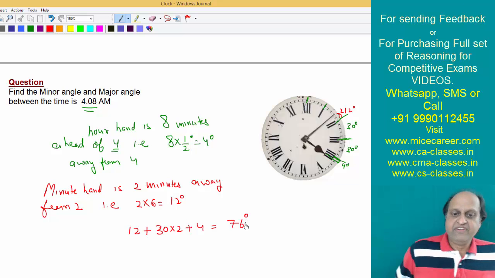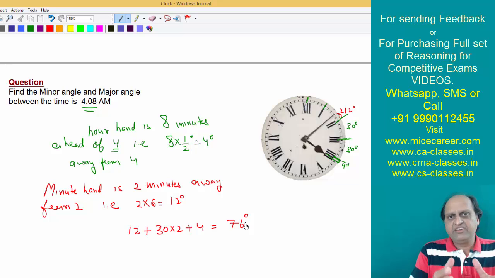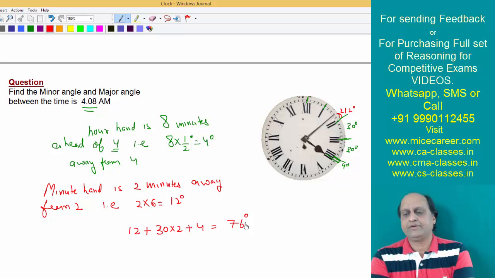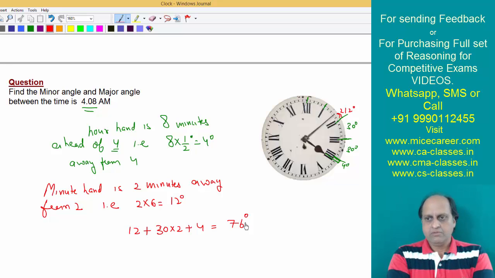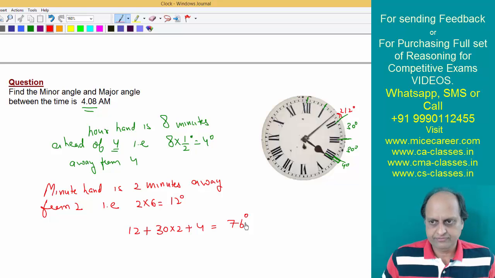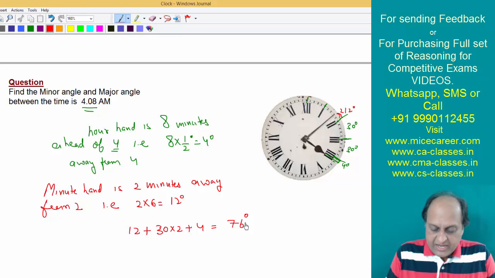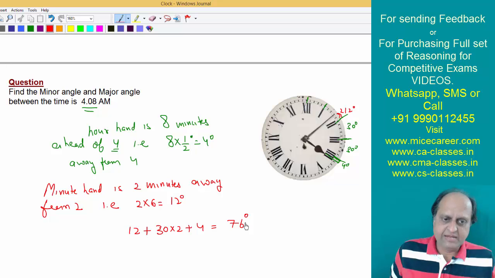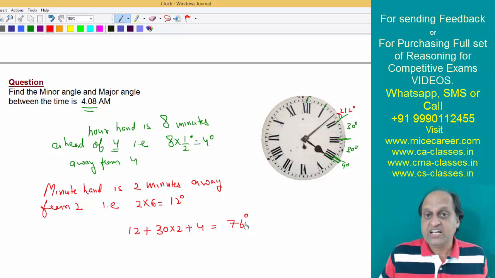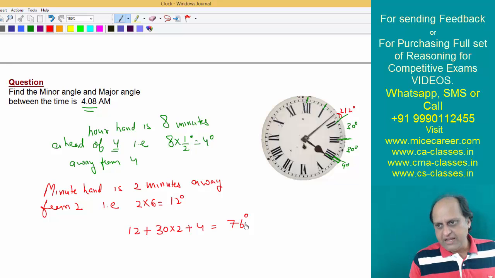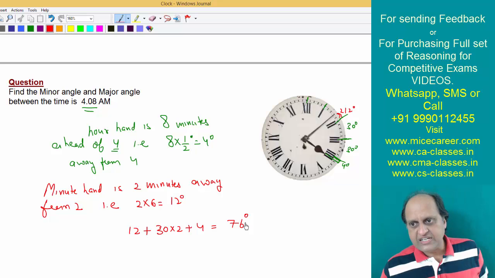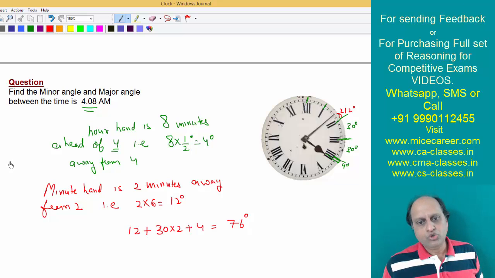Now you tell me whether the idea is clear or not. I am giving you 2 minutes, you think on it. Make your mind very clear. Always remember, the minute hand travels 6 degrees in 1 minute, and the minute hand is 2 minutes away from 2.